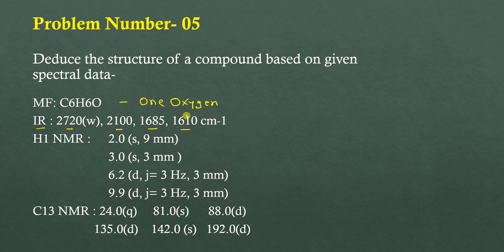So here 1610 is for C=C stretching of alkene. 1685 can be for C=O stretching. 2100 can be for C≡C, and 2720 can be for CH stretching of aldehyde. Right, so we'll see details of this. This is a preliminary observation we are writing.